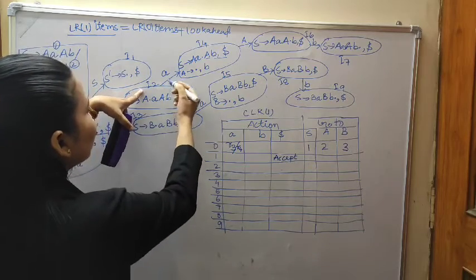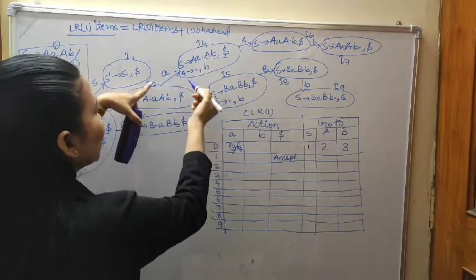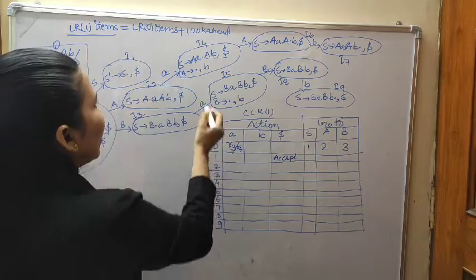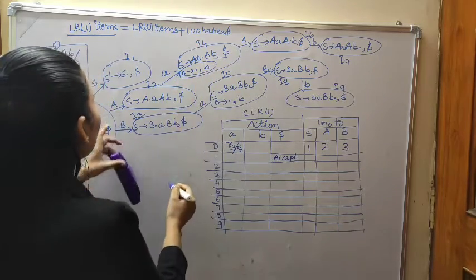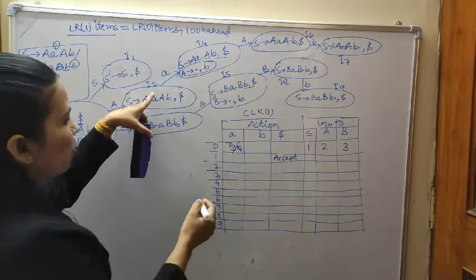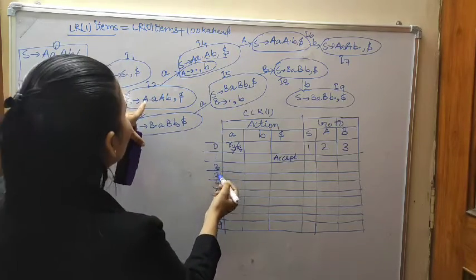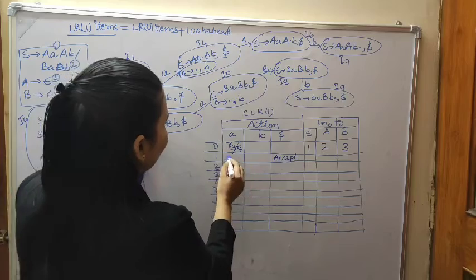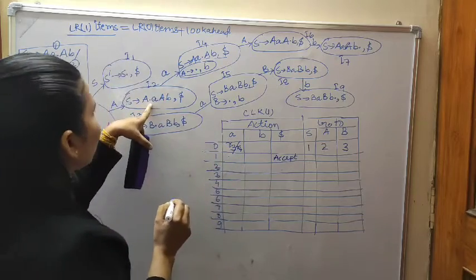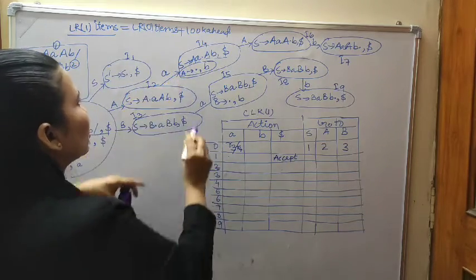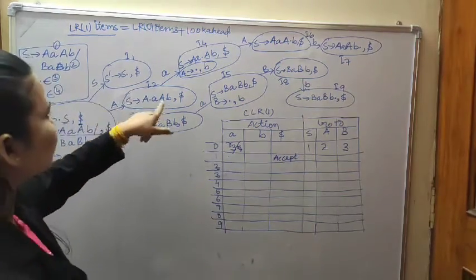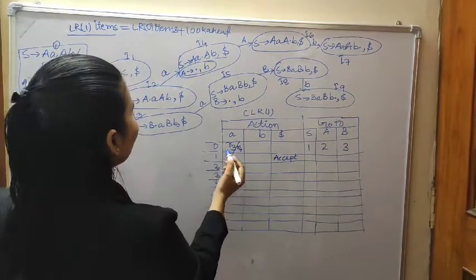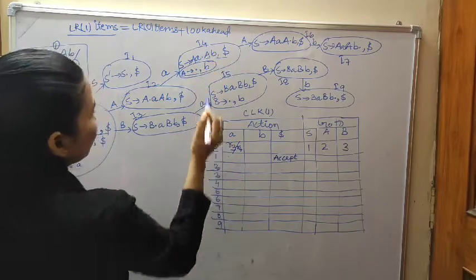Now state 2, production number 2. So from 2 we are shifting A, shift A, and look, this is the final item. Shift A, that means from state number 2 we are shifting which one? A is shifting, and the state number is 4.